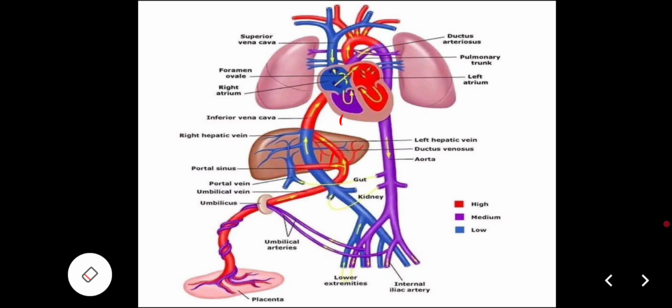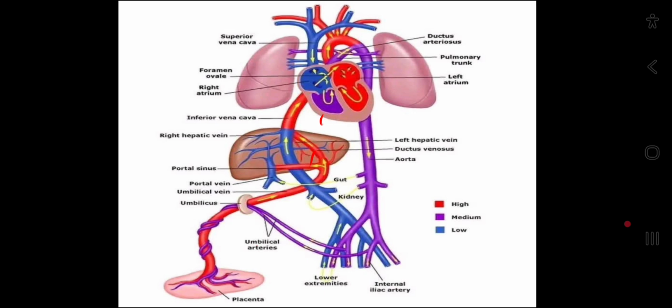Some of the right atrium blood will enter the right ventricle through the tricuspid valve and to the pulmonary trunk via the pulmonary valve. This blood entering the pulmonary circulation will be bypassed later by the ductus arteriosus between the pulmonary trunk and descending aorta. The blood from the aorta will return to the placenta to be oxygenated through the umbilical arteries.